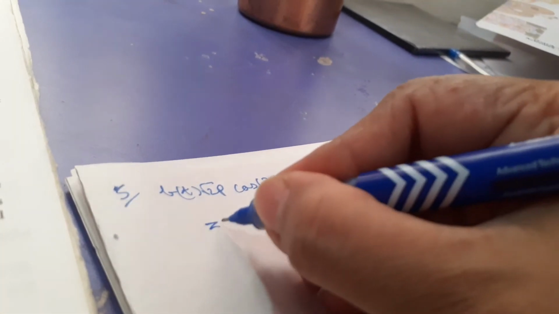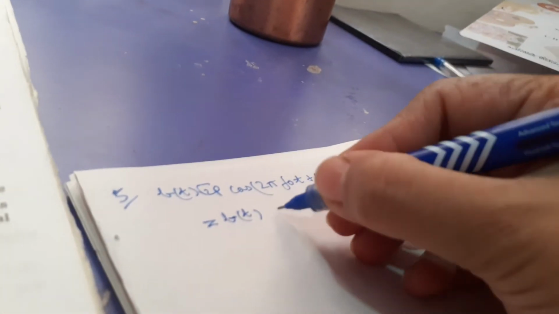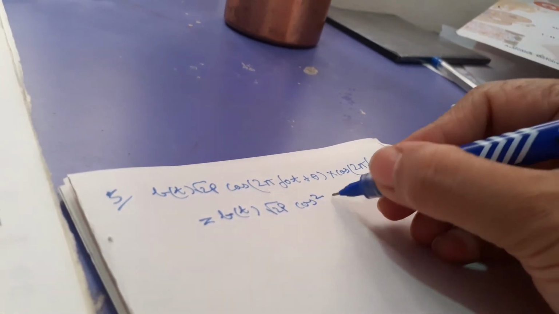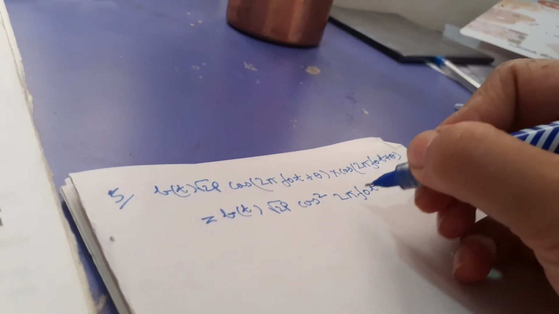It will give you B of t root 2P cosine square 2 pi f naught t plus theta.